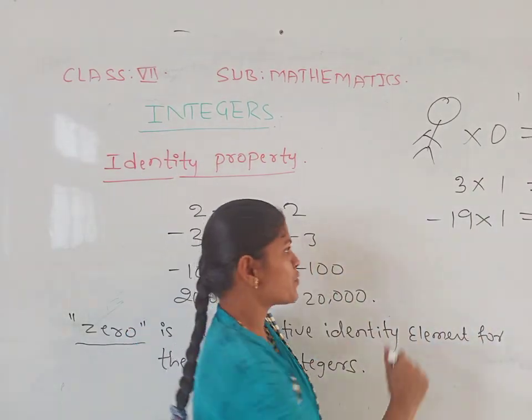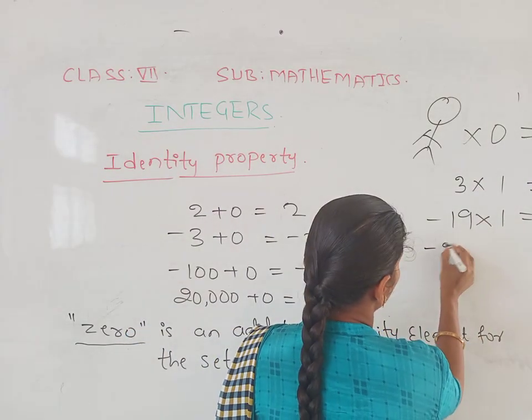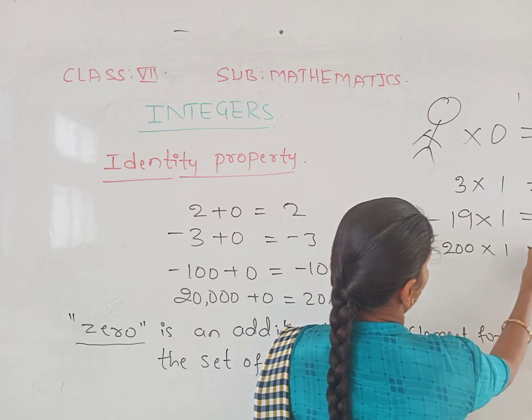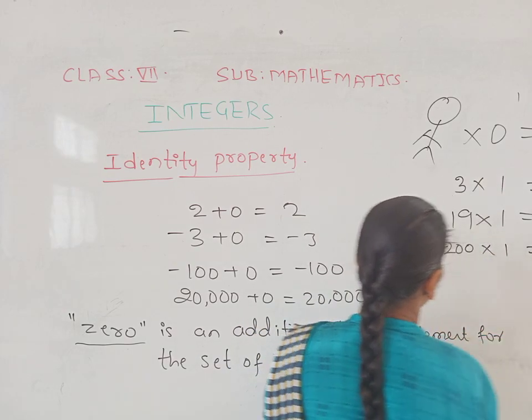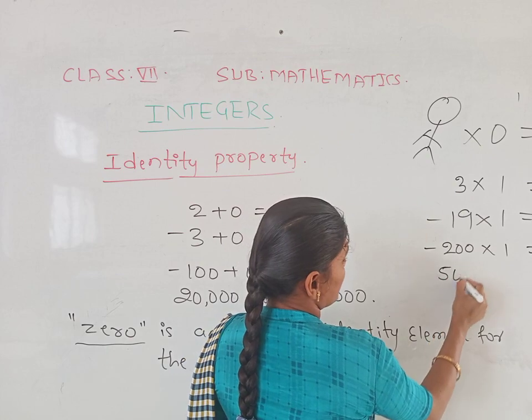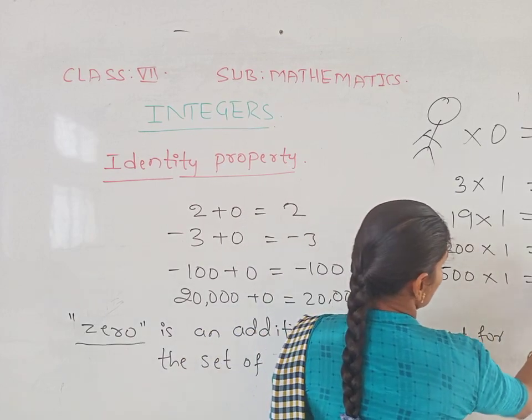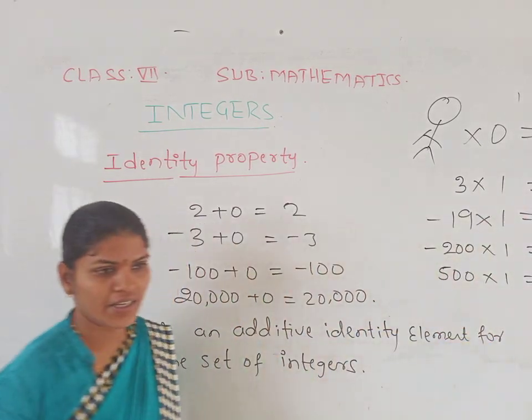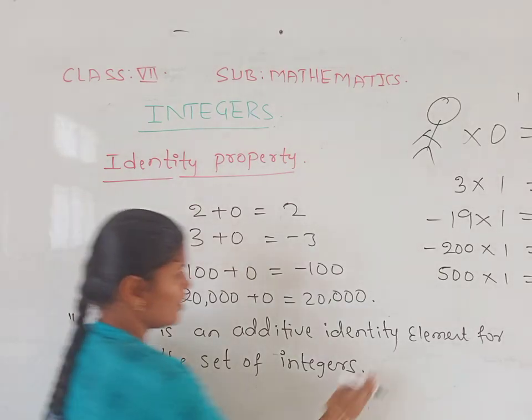Clear? We can take another example. Minus 200 into 1 is minus 200 only. Plus 500 into 1 is plus 500 only.